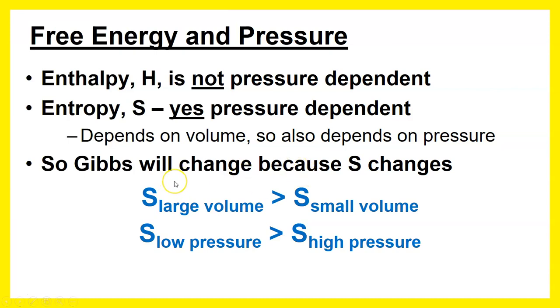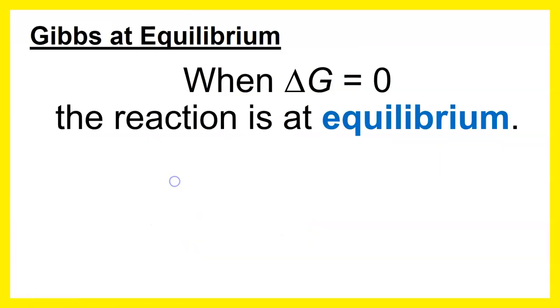Let's start looking at the connection between Gibbs and equilibrium. Now, equilibrium in general is a complicated concept, and then you add to that the thermodynamic aspect, and it can seem a little more complicated at first, but I think understanding how thermodynamics impacts and is connected to the equilibrium actually helps explain what equilibrium is and why it's occurring.